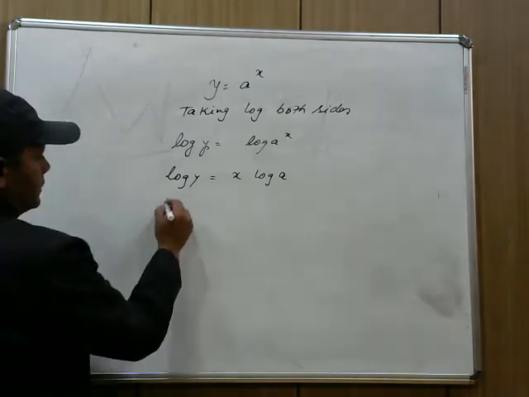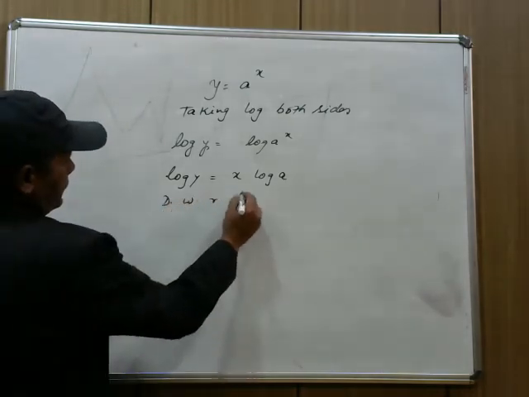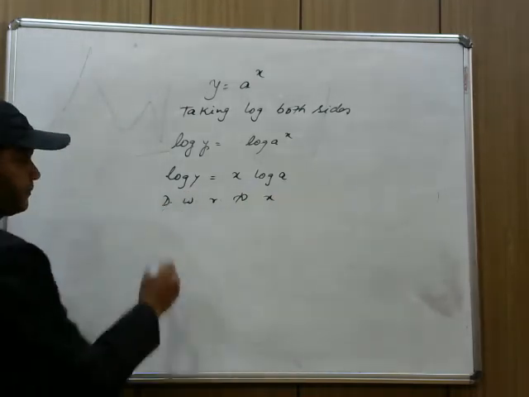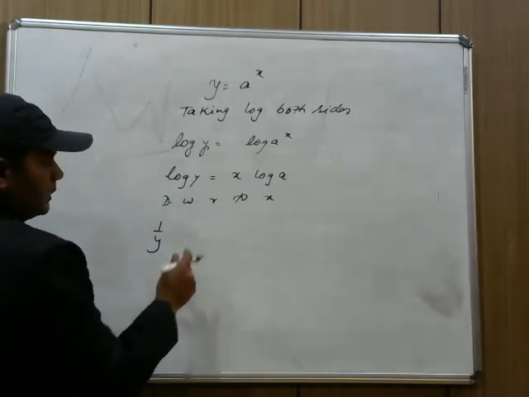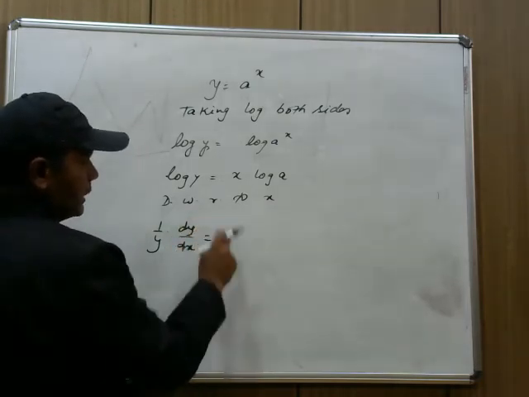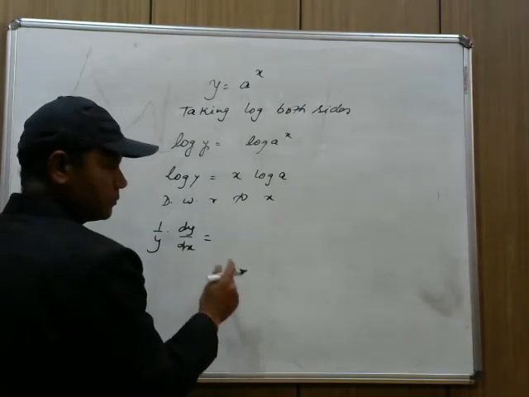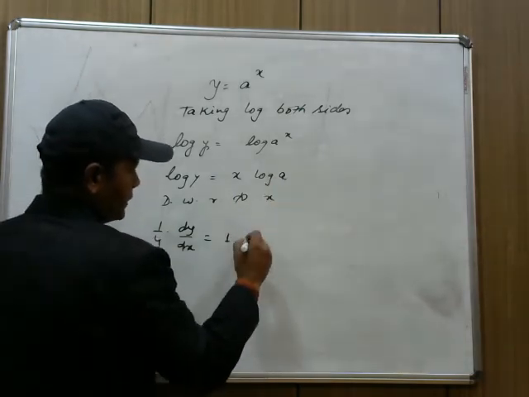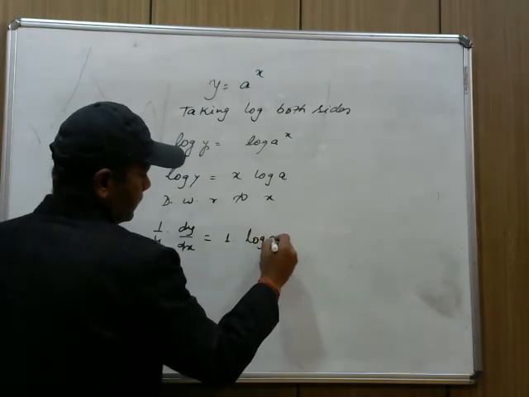Now differentiate with respect to x. So now differentiation of log y is 1 by y, differentiation of y, dy by dx, is equal to differentiation of x with respect to x, which will be 1. Log a is a constant term, it will remain as it is, log a.